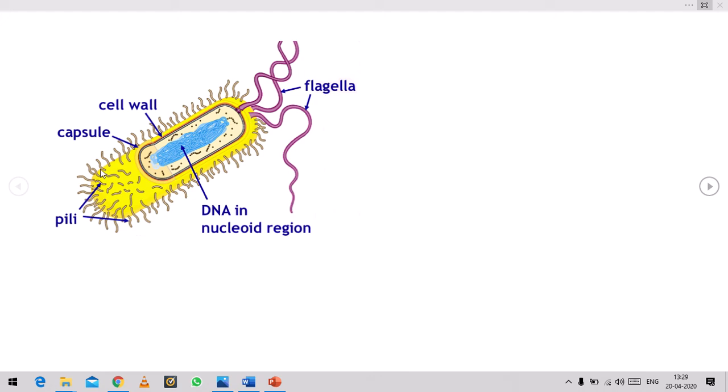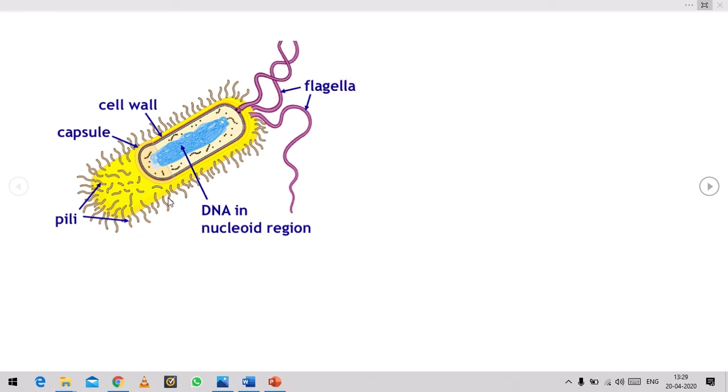Then when we come to the pili or fimbriae, what are fimbriae and pili? Fimbriae are the short ones, and pili are actually the longer ones. They are short, hair-like structures on the surface of the bacterial cells.